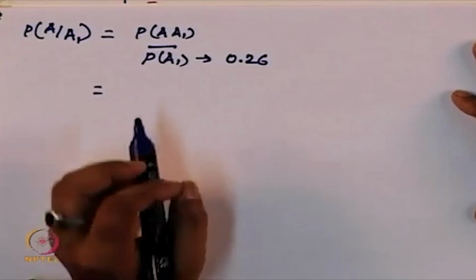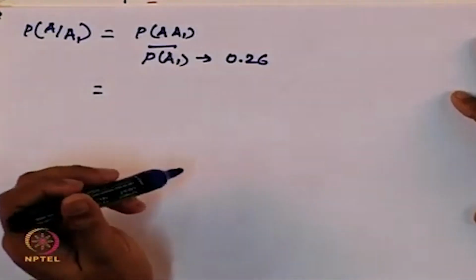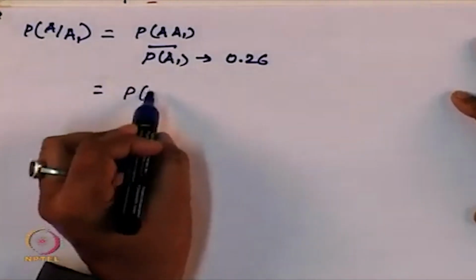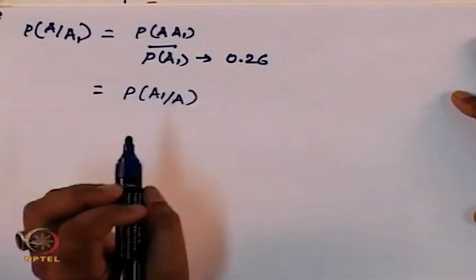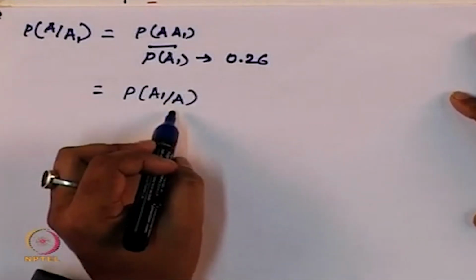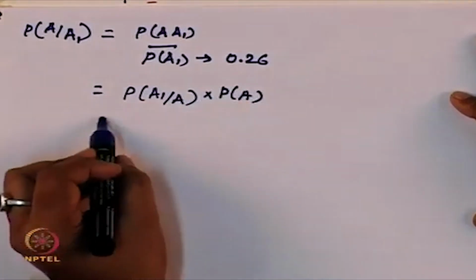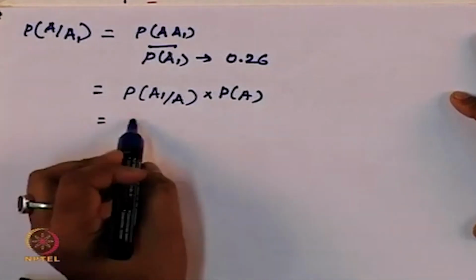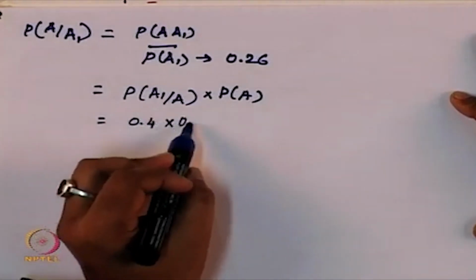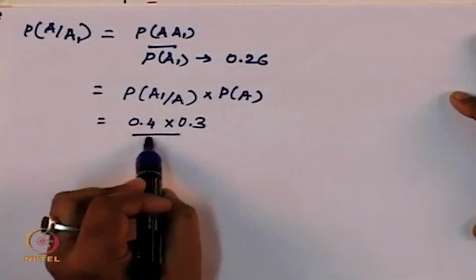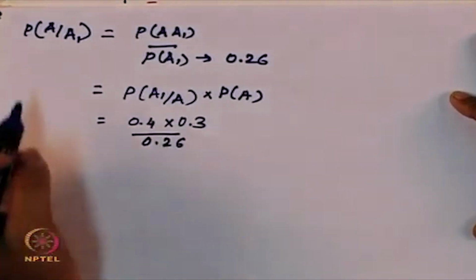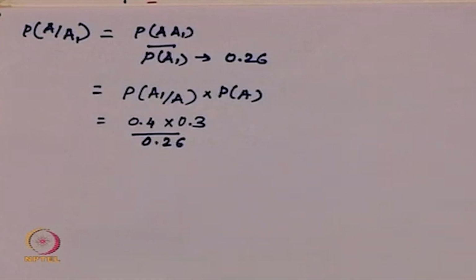What do I do with the numerator? I can rewrite this expression as the probability of A1 given A into the probability of A. So, this is 0.4 into 0.3, divided by 0.26. This is your final answer.